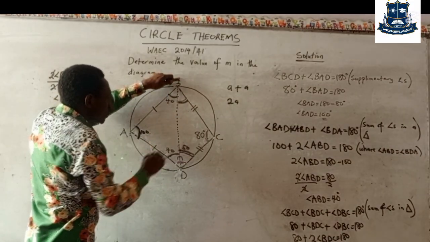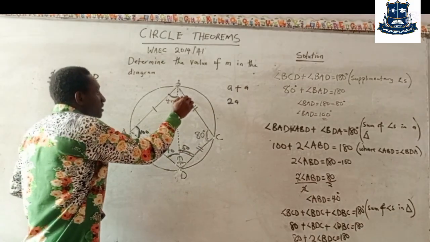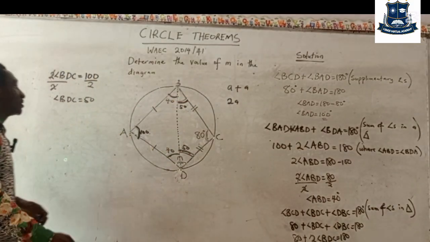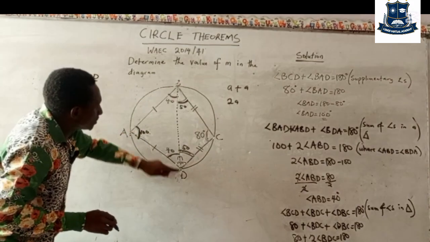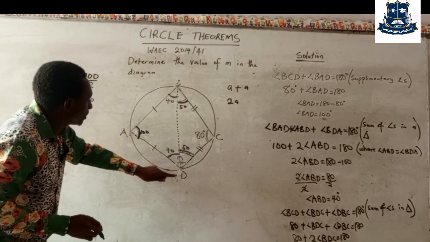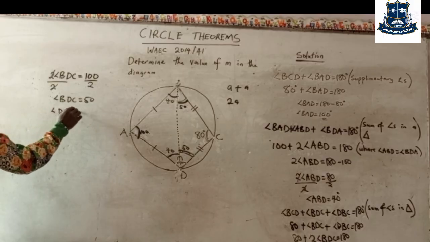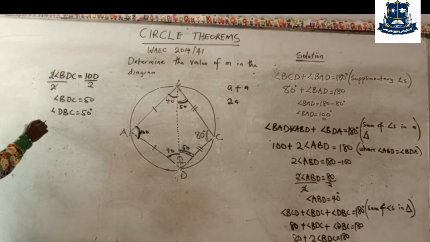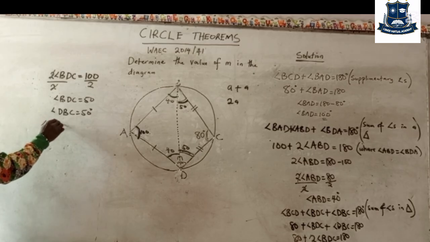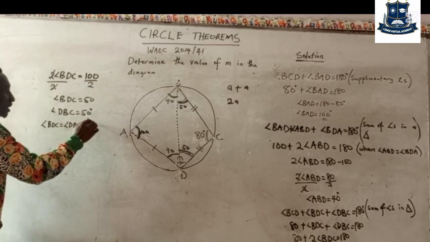That means this angle here is 50, and it also means this angle here is 50. So DBC is also 50 degrees, because angle BDC equals angle DBC, because of the isosceles triangle.